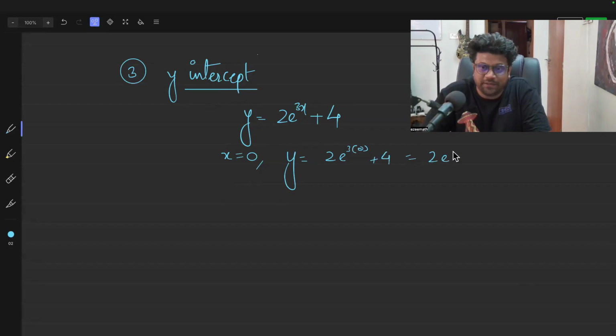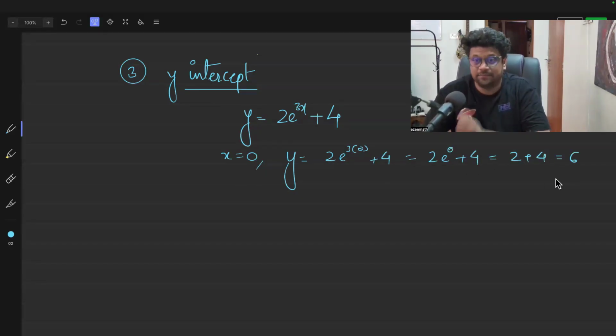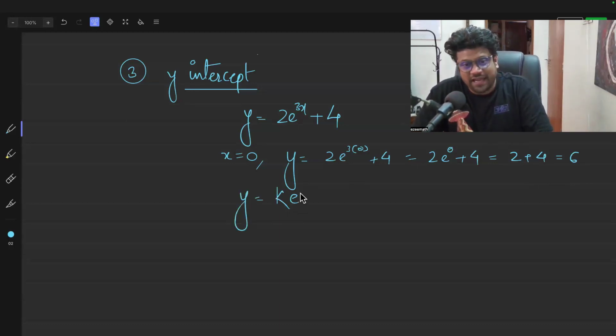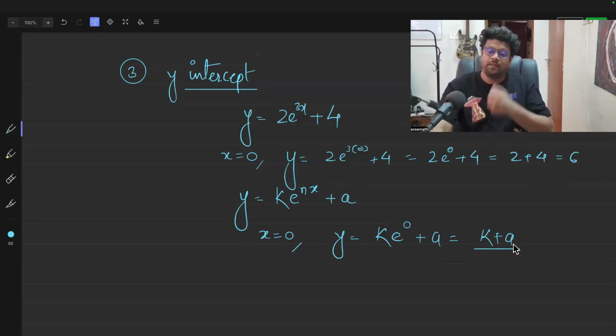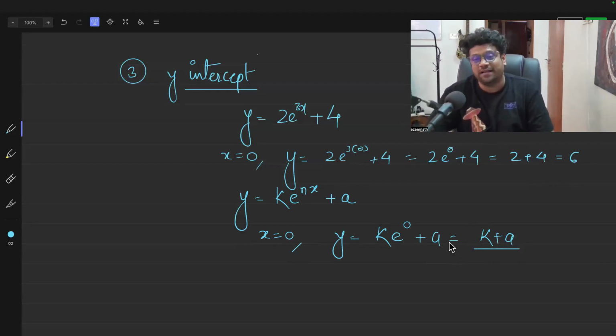That's 2e to the power of 0 plus 4. That's 2 plus 4. That's a 6. You will see whenever there is y equal to k e to the power of nx plus a, substituting x equal to 0 gets you to k e to the power of 0 plus a, which is k plus a always. That again is the general form of the y-intercept for an exponential curve.